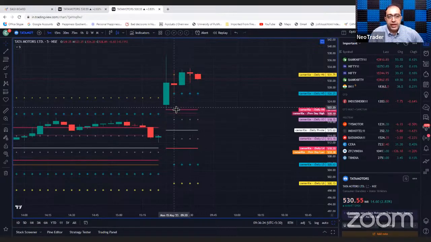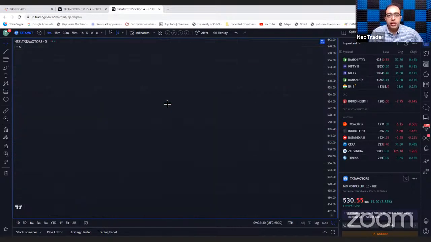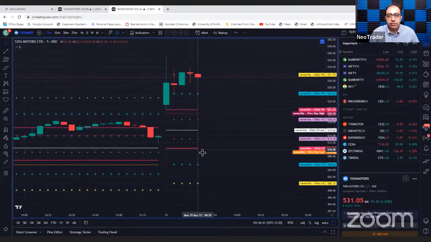If a price starts moving above H4, then it is a very good sign of the trend going up. And if a price moves beyond L4, then it is a sign of the price going down.